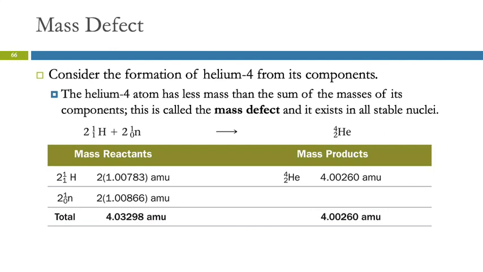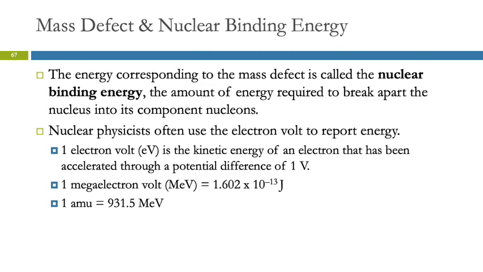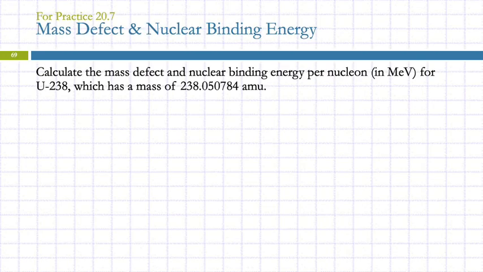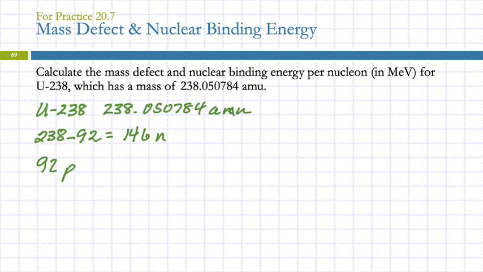So the proton is 1.00783, I'm just going to write these on the board. And neutron is 1.00866. So we have 146 neutrons times 1.00866 atomic mass units per one neutron.